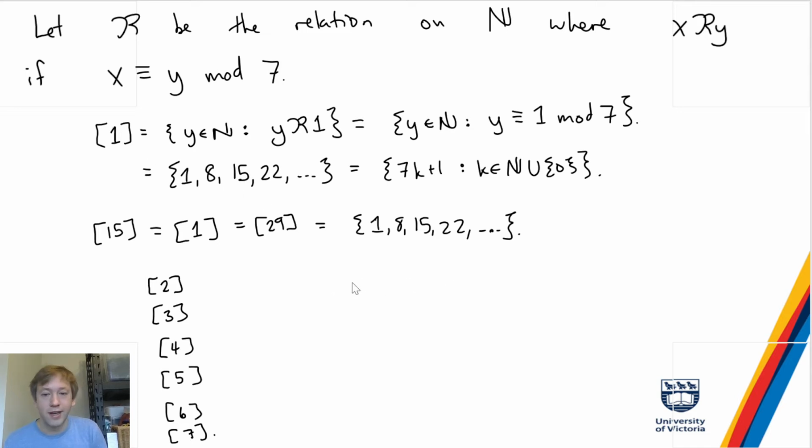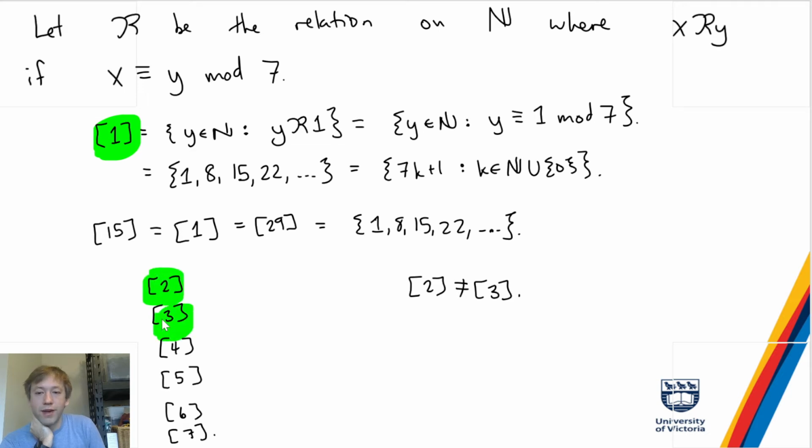If I take the equivalence class corresponding to 2, that's not going to be equal to the equivalence class corresponding to 3. But if you think about it, these 7 equivalence classes are all the different equivalence classes.